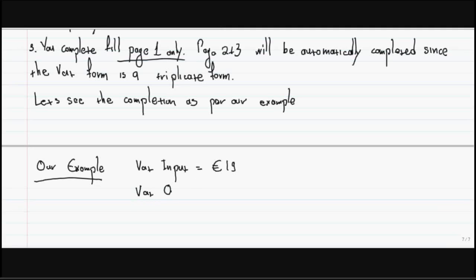VAT output is equal to 142.5. Net purchases equal 100 and net sales equal 750. We need these 4 figures for our completion.